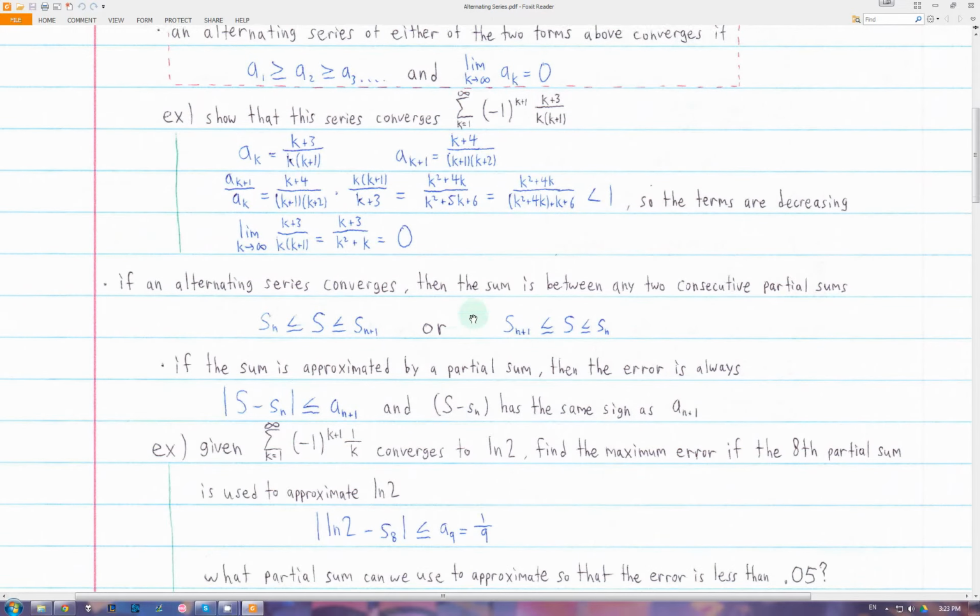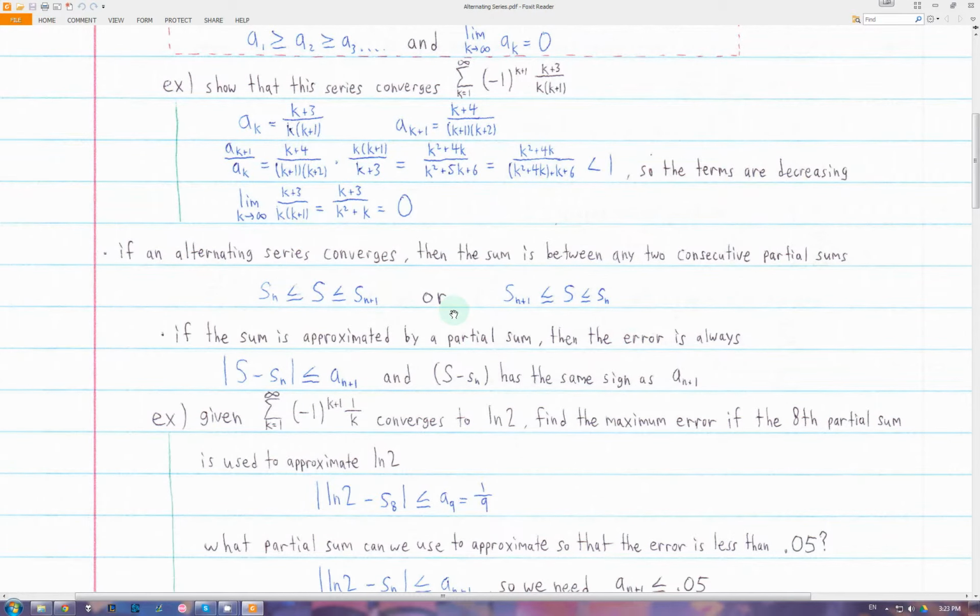So we can also find the error in approximation if we use a partial sum to approximate the actual sum of a convergent alternating series. So the real sum is always between any two consecutive partial sums.